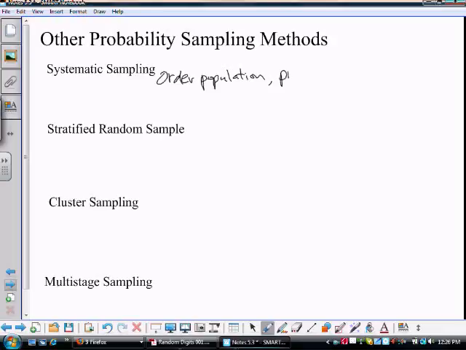So we're going to pick one number. And then we pick every 10th person, every kth person, depending upon how big your population is and how big a sample size you want.